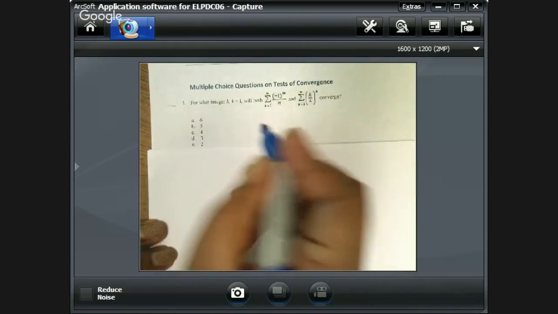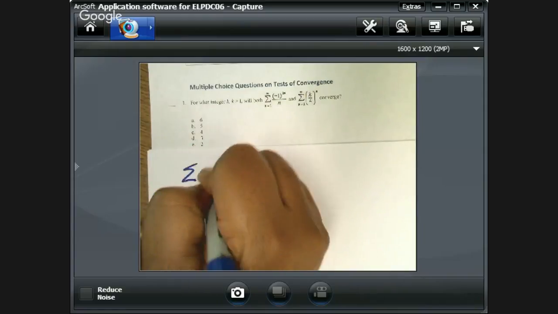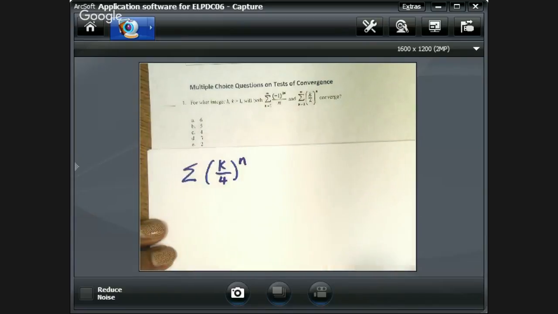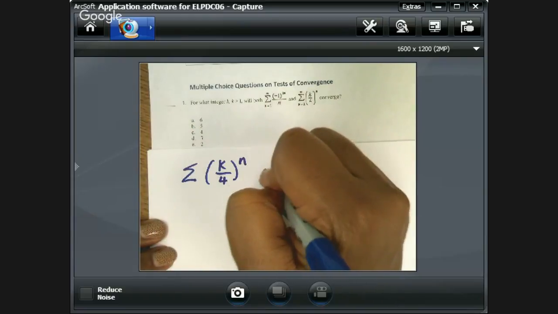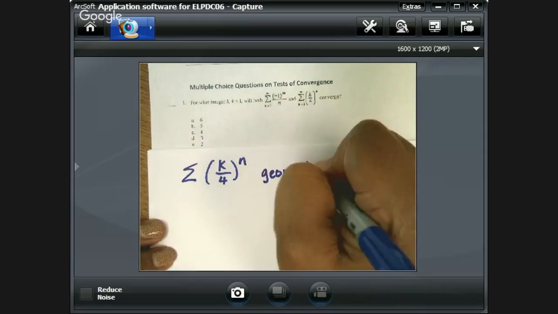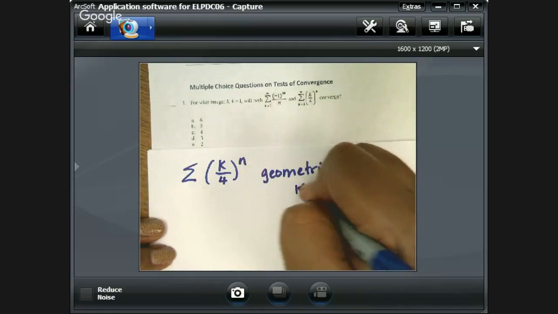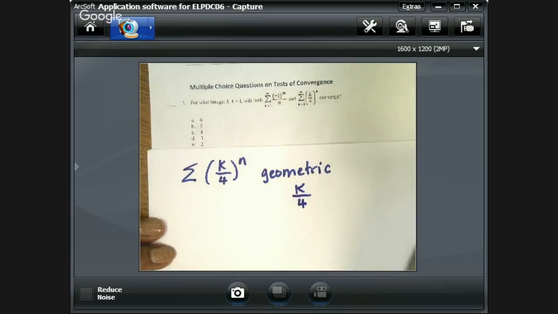So in this second series, this is geometric. And a geometric series converges if the absolute value of the common ratio, in this case k over 4, is less than 1. Since k is greater than 1, I already know it's going to be positive.